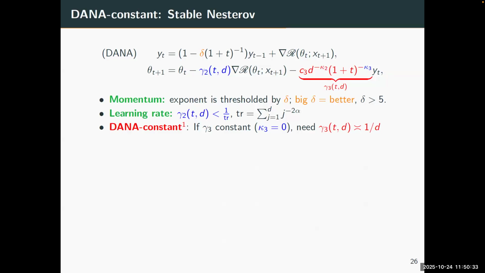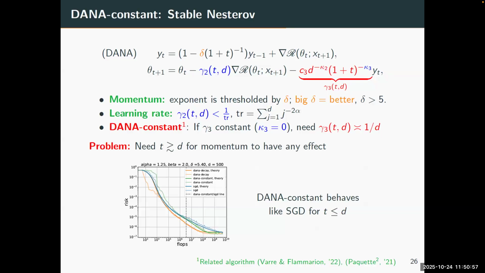Okay. So now you try the first thing. The first thing you should try is, can I make it stable by choosing two different things? I'll just choose this term to be constant, something different but constant than this one. If you choose it to be constant, what you immediately see is that you have to choose it to be 1 over d. Has to be 1 over d. So why is this now a weird problem?